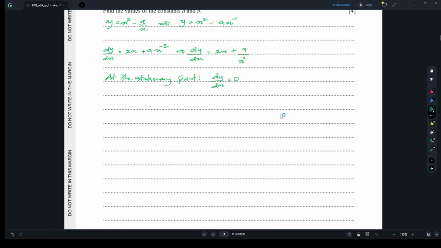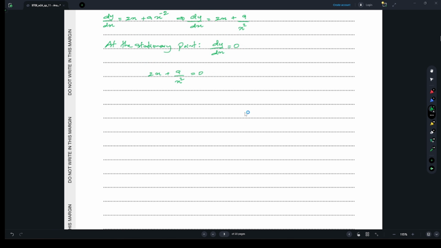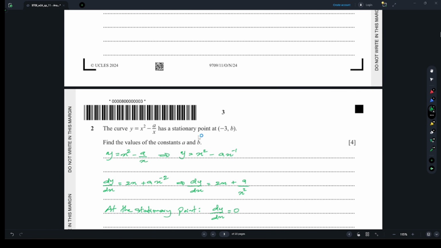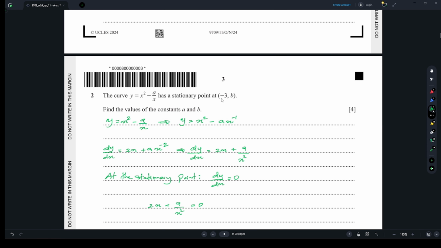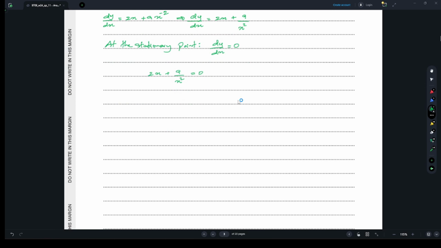So then I can equate 2x plus a over x squared equals 0. And then we can consider the point, because here they say that it has a stationary point at minus 3 comma b, right?